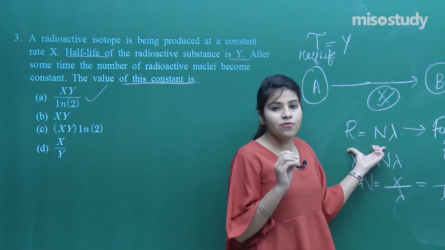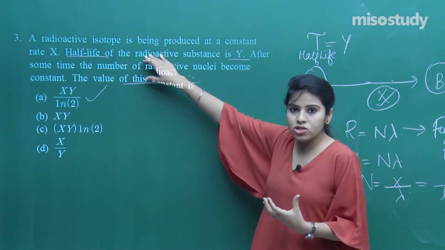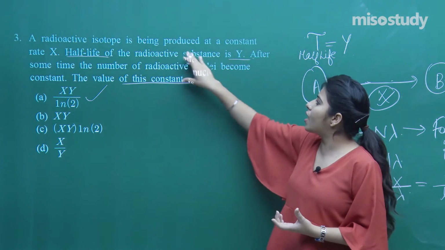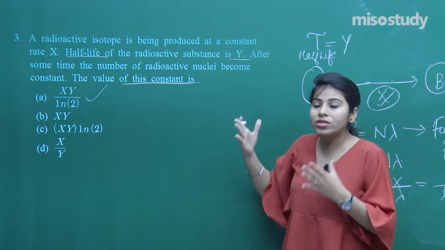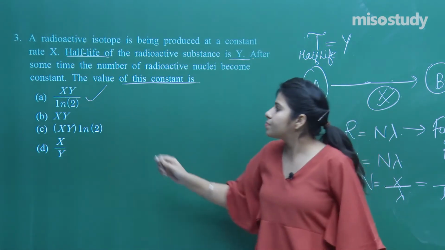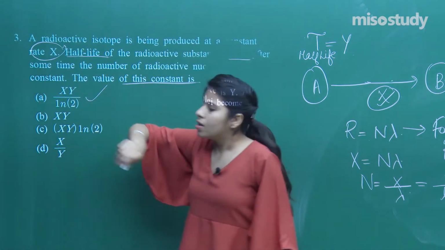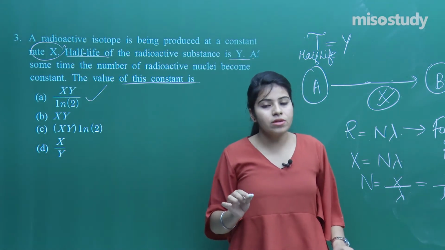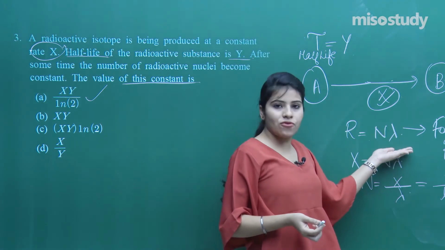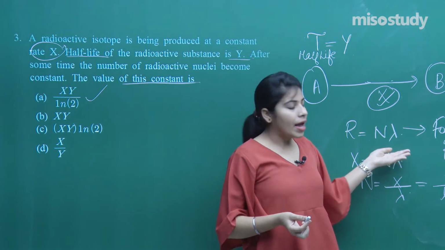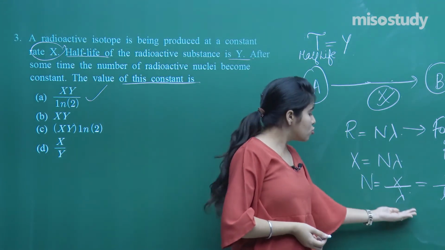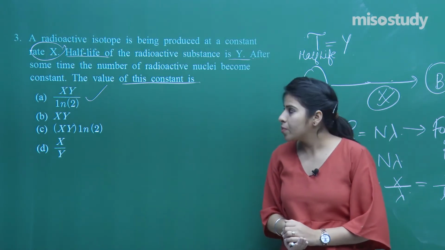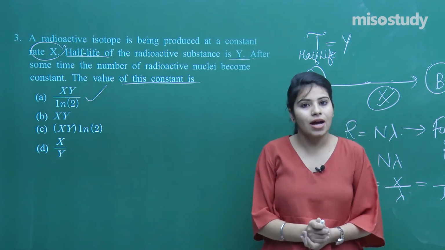We just know the formula, and we have been given that a radioactive isotope is being produced at a constant rate x. That means the activity has been given. So definitely you are going to apply the formula R equals N lambda. And because we have been given this value as x, you just put this value over here, and so we got our correct answer.